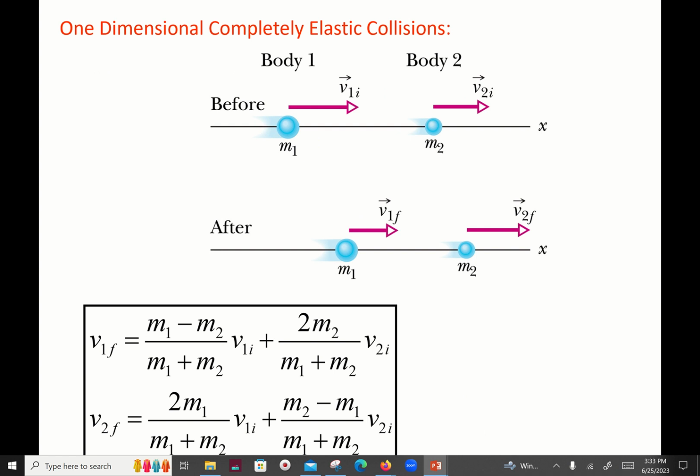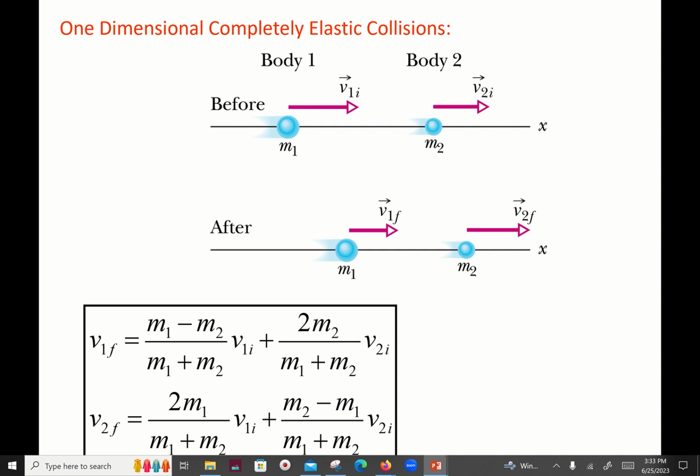If it's a completely elastic collision, then I have 2 equations, right? I've got momentum conservation and elastic energy conservation. And if I do a couple of pages worth of algebra, I can solve for the 2 final velocities of particle 1 and particle 2 in terms of the initial velocities and the masses. And I get that very complicated equation that's shown there in the black box. Now that equation, remember, can only be used if it's elastic.